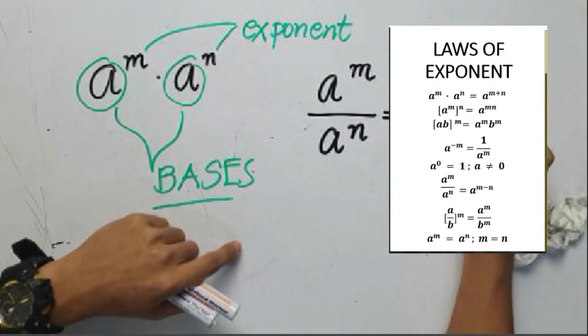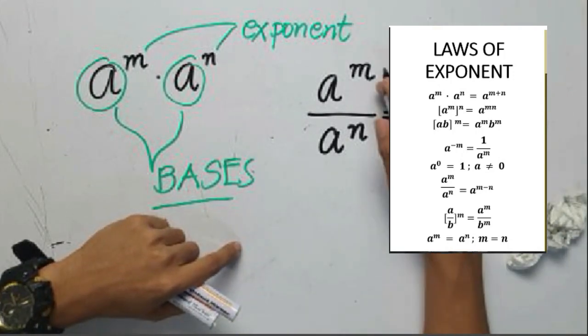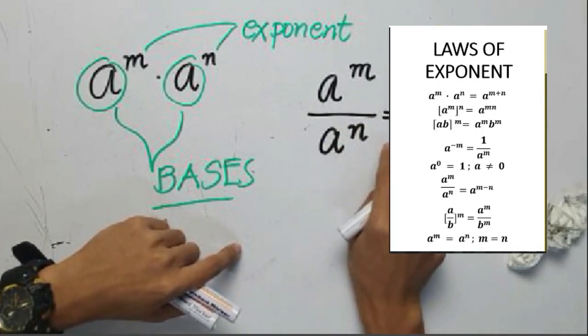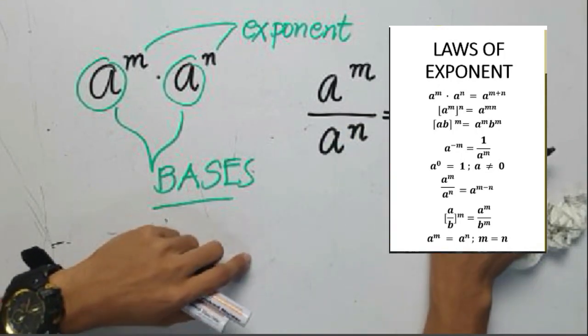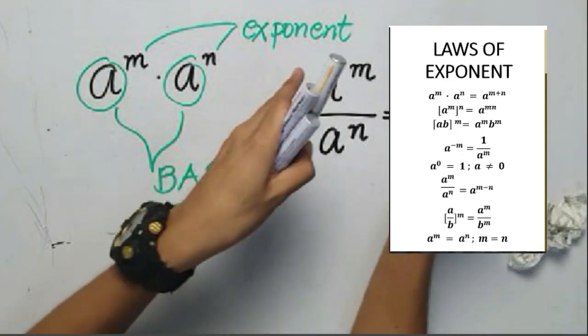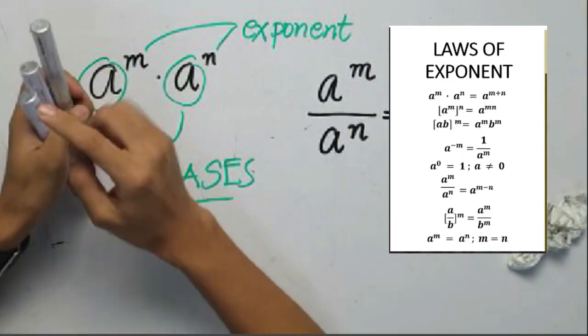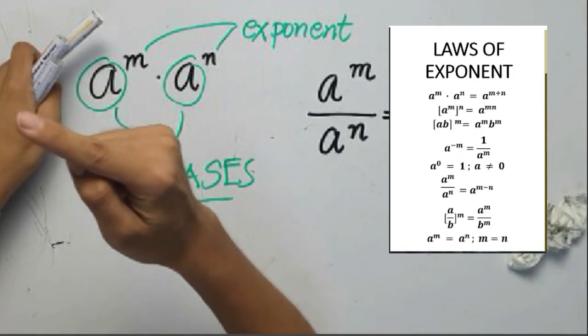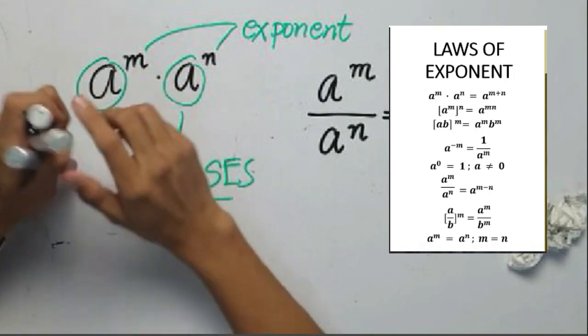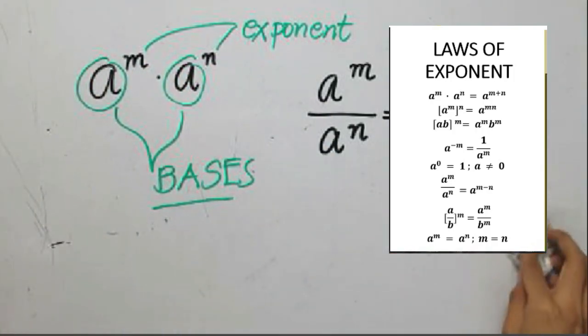So yung pinakataas ang magiging unang term mo minus n. So this will be a raised to m over a raised to n is equal to a raised to m minus n. Okay, so this is your multiplication law and yung division law. You may refer to the law of exponent na naka-flash dito. So that is the first law, yung mga basic law natin.